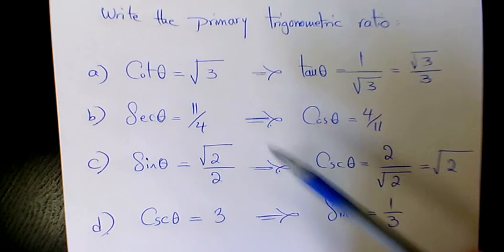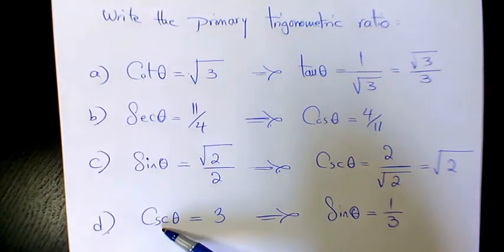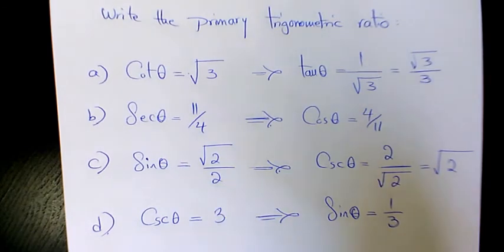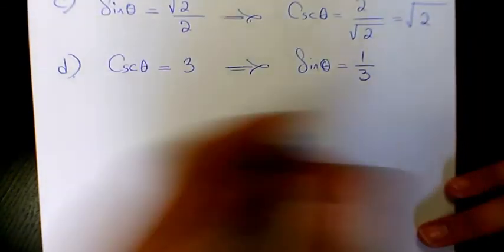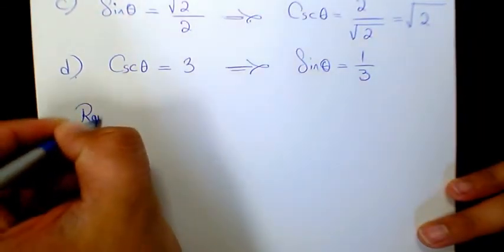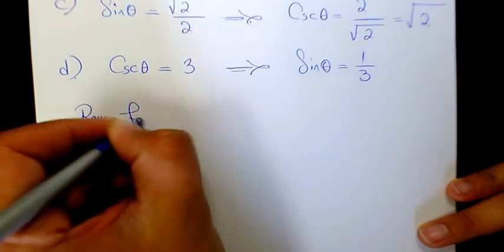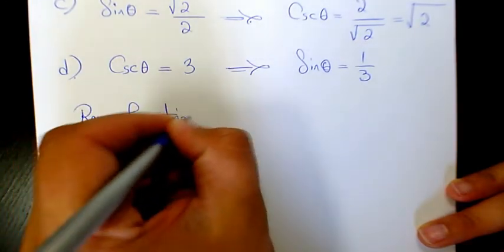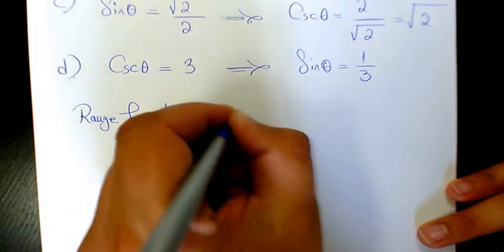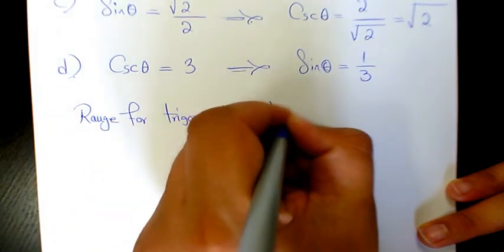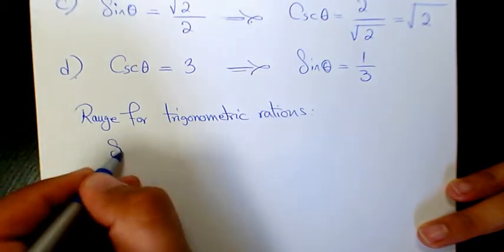So if you look here, these are the reciprocal ratios, but this one was the primary trigonometric ratio. So at the end, if I want to write the range for trigonometric ratios, I'm going to say y equals sine theta.